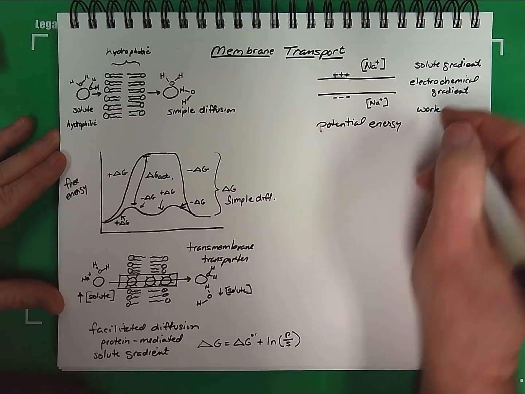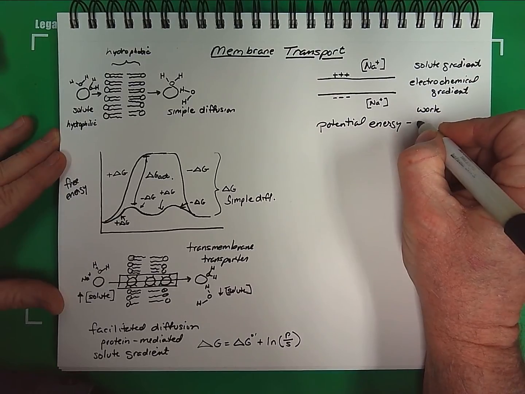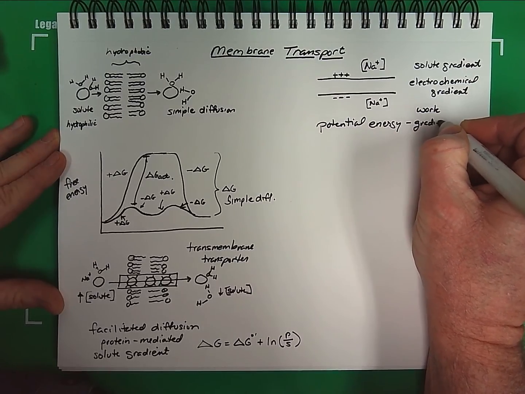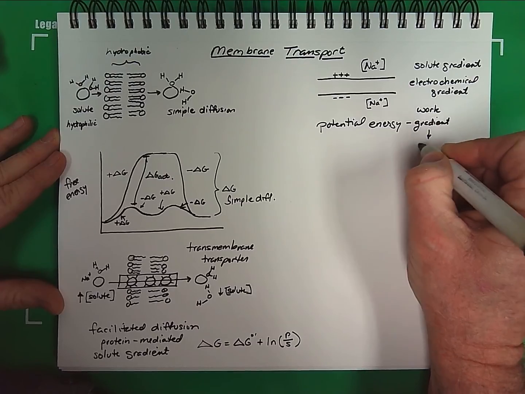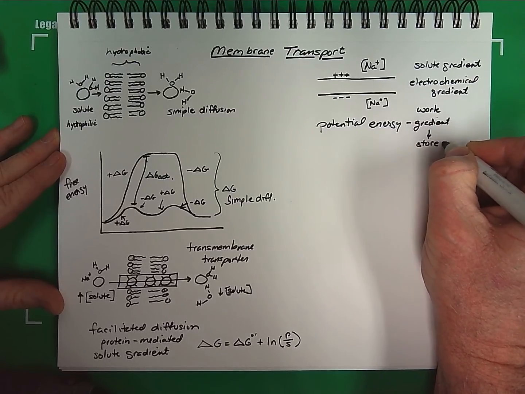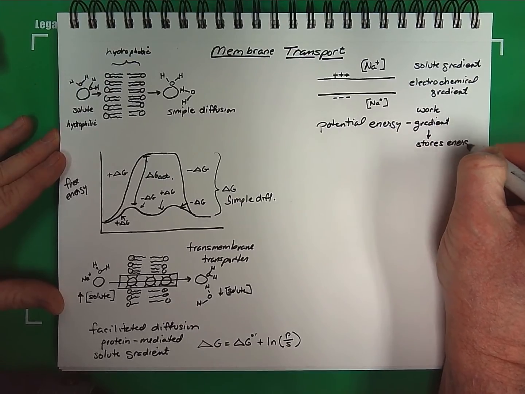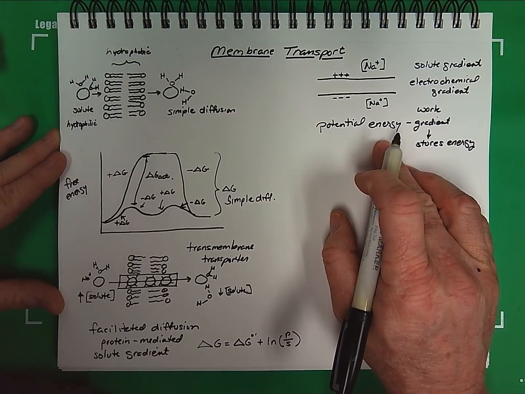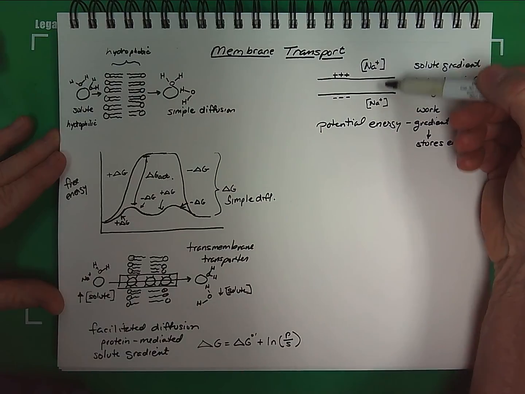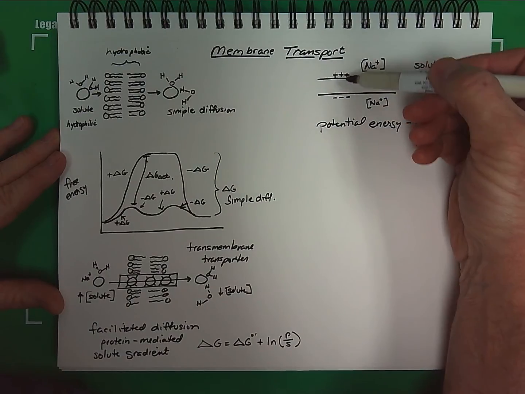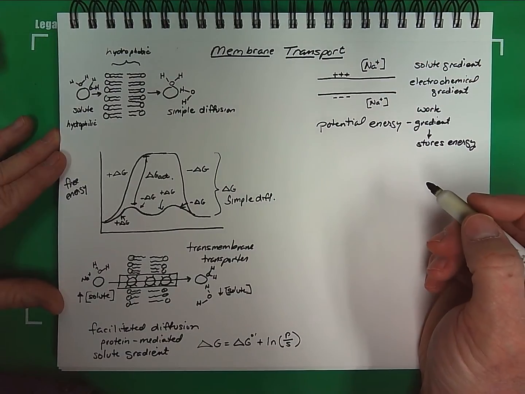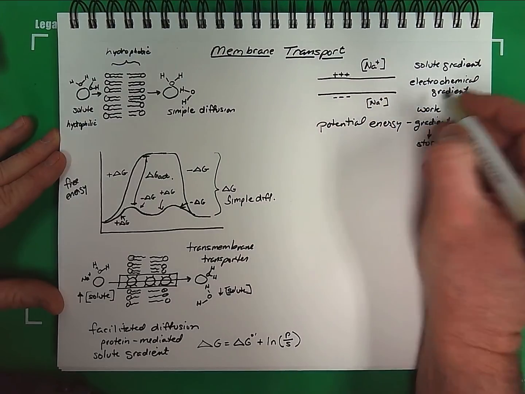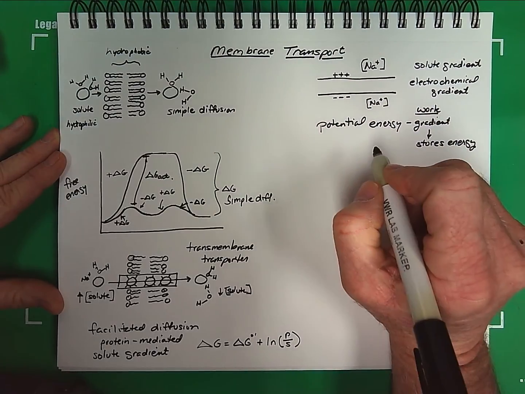It is called potential energy because the gradient stores energy. Once we have a potential energy gradient, of either a chemical gradient and or an electrical gradient, this is stored energy that can be used to perform work.